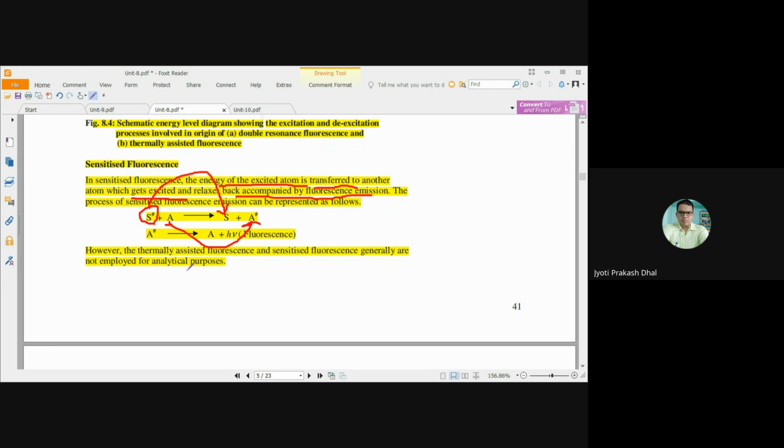Now, the excited A atom will come back to the ground state, becoming a normal A atom by emitting electromagnetic radiation of a particular frequency, and that shows sensitized fluorescence. That means A shows fluorescence due to the presence of another excited atom S.